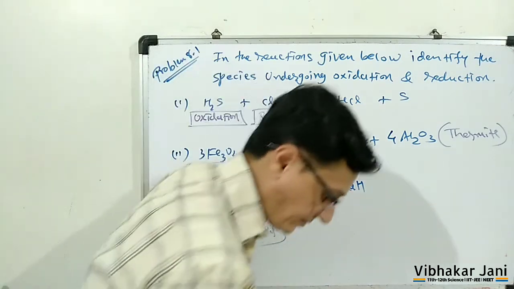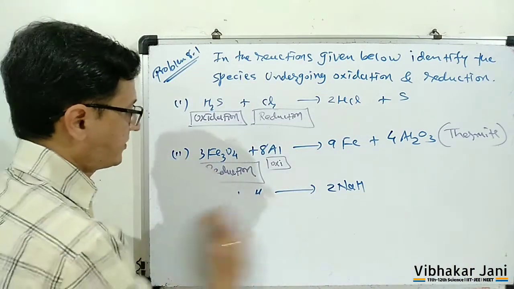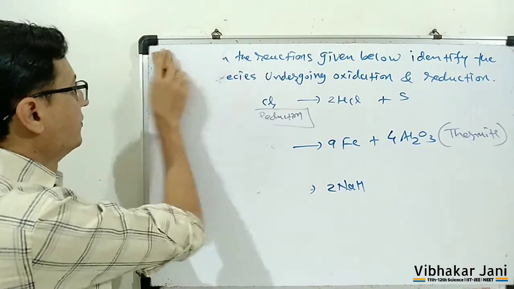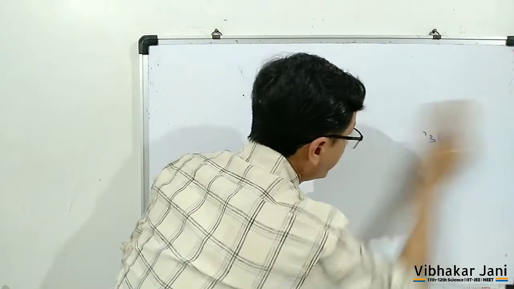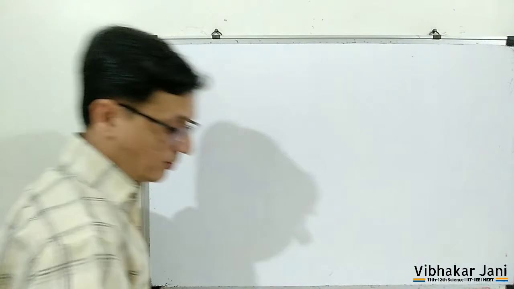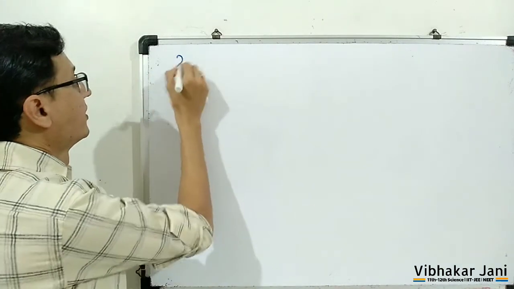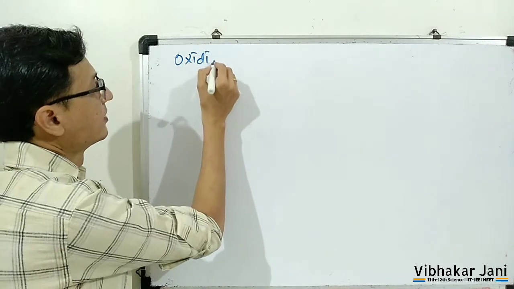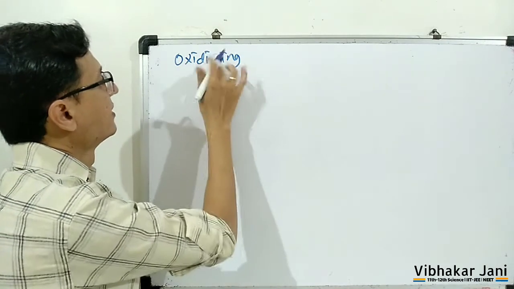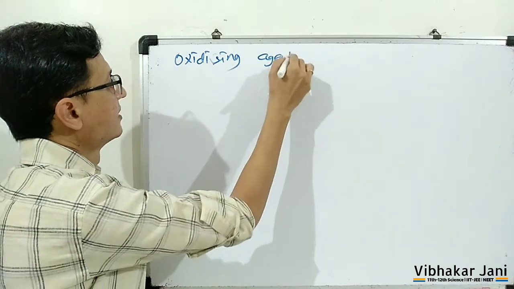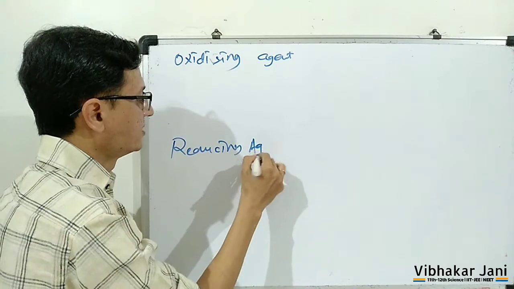Okay. Now example 8.2. But before learning example 8.2, let us learn two more words, that is oxidizing agent and reducing agent.